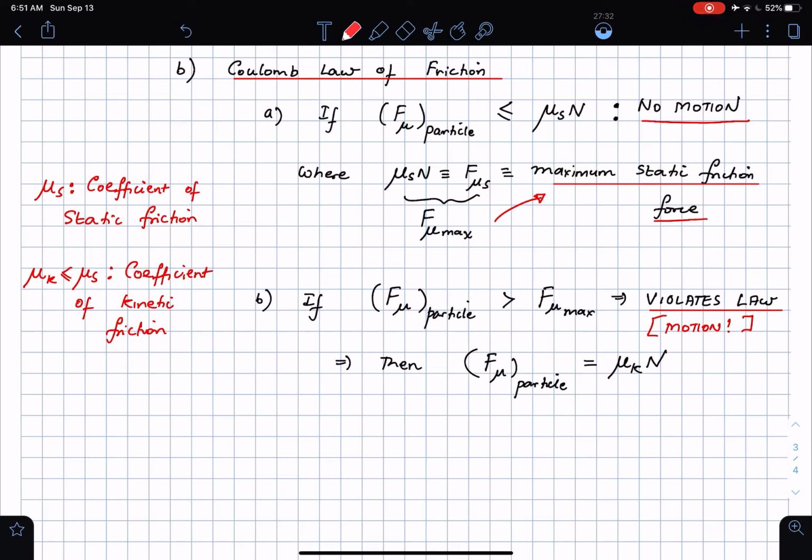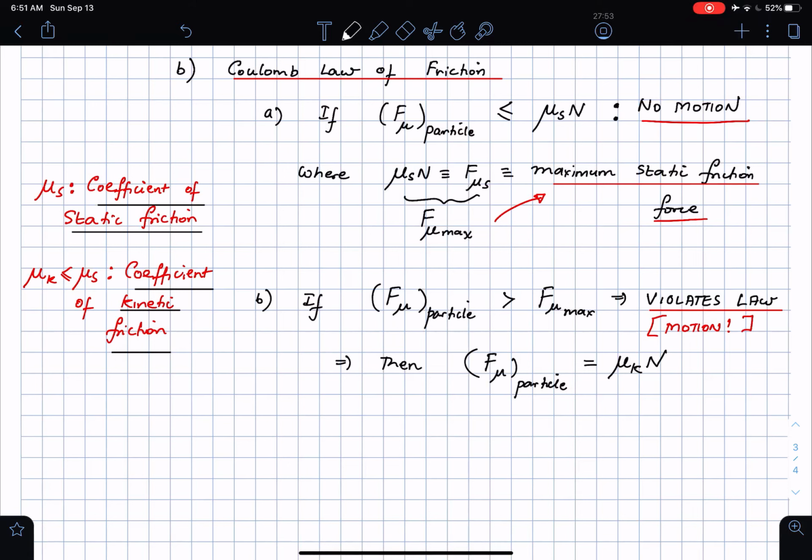In my view of dynamics, I don't see a huge difference between the coefficients of static and kinetic friction, so typically I would equate them to be the same value. But that is just my philosophy, so I don't want to impose that upon you. But this is the basic idea.